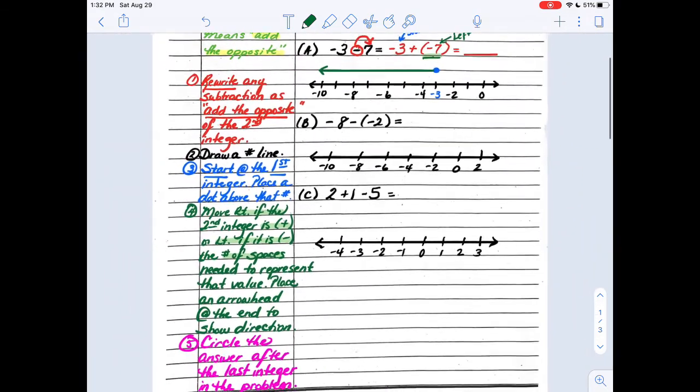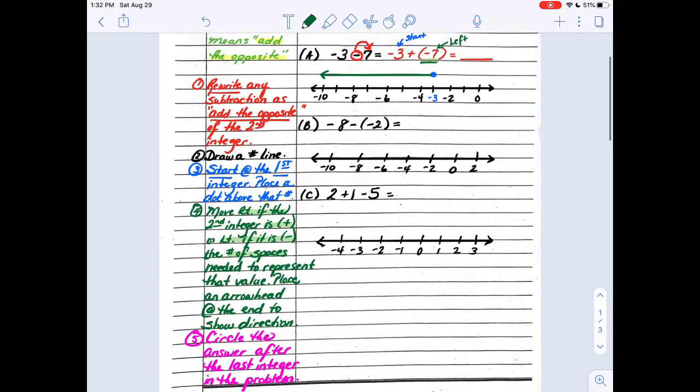And then, just like the other day, once we finish with our last integer, we're going to drop down and circle where we end, which is -10. Our answer is -10. I'm hoping you would already know that, but now you have verified and proved it on a number line. You are modeling that verification.